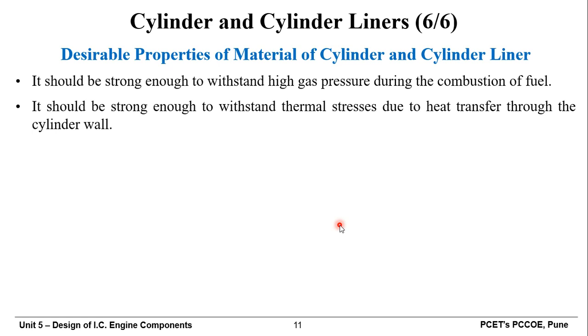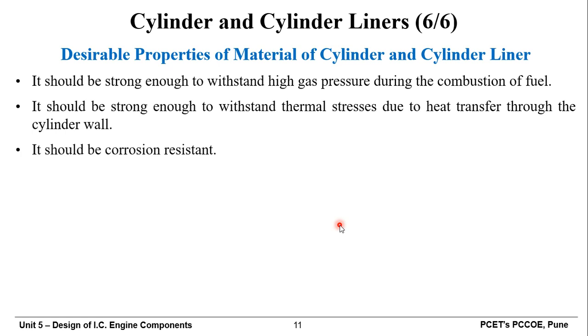So the material should have the ability to take high thermal stresses and give the same performance as it would at normal room temperature. Then heat transfer, again, is an important thing.